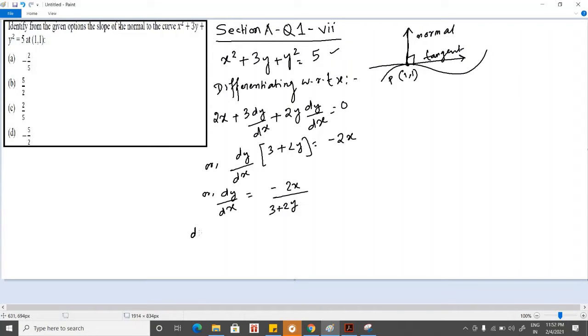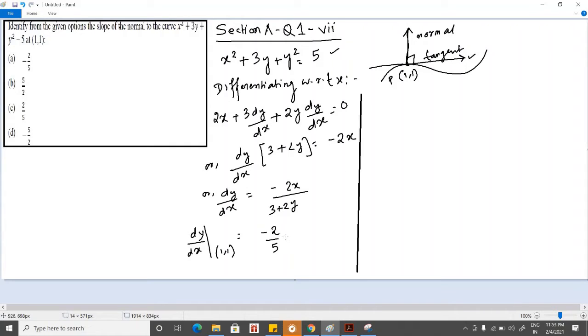Now we want to find out what is the slope at point (1, 1). This is the slope of this particular tangent at the point (1, 1). So that gives us minus 2 divided by 5. Let us draw a margin over here. We will continue the rest part of the sum over here.